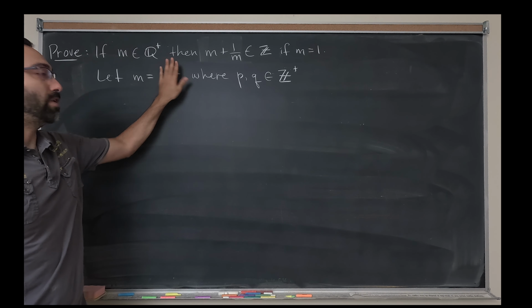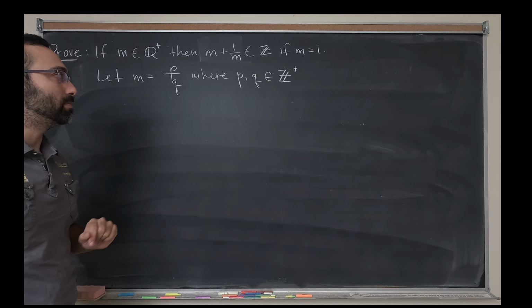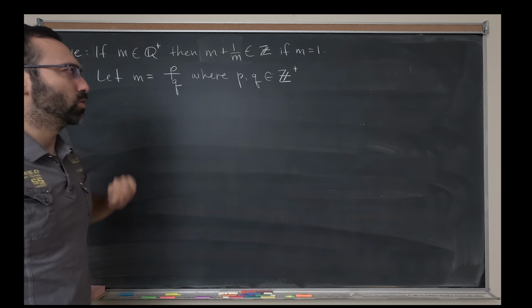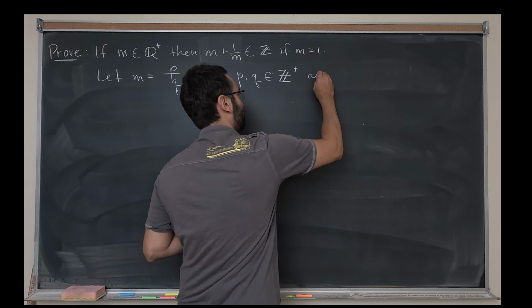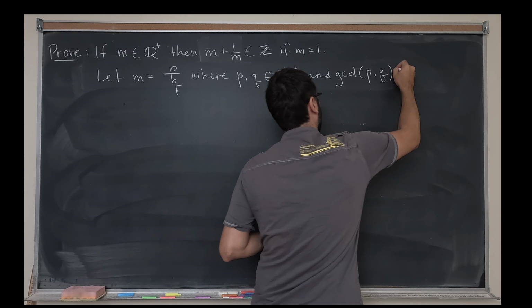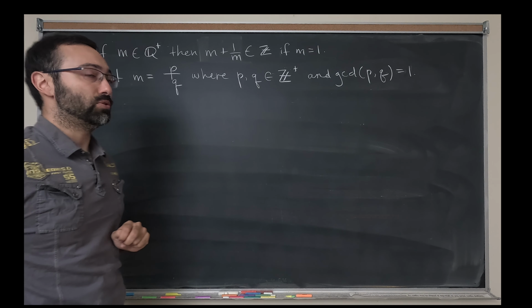This ensures that our fraction is indeed a positive rational number. And at the same time, let's assume that this fraction is in lowest terms, which tells us that the greatest common divisor of p and q is 1.